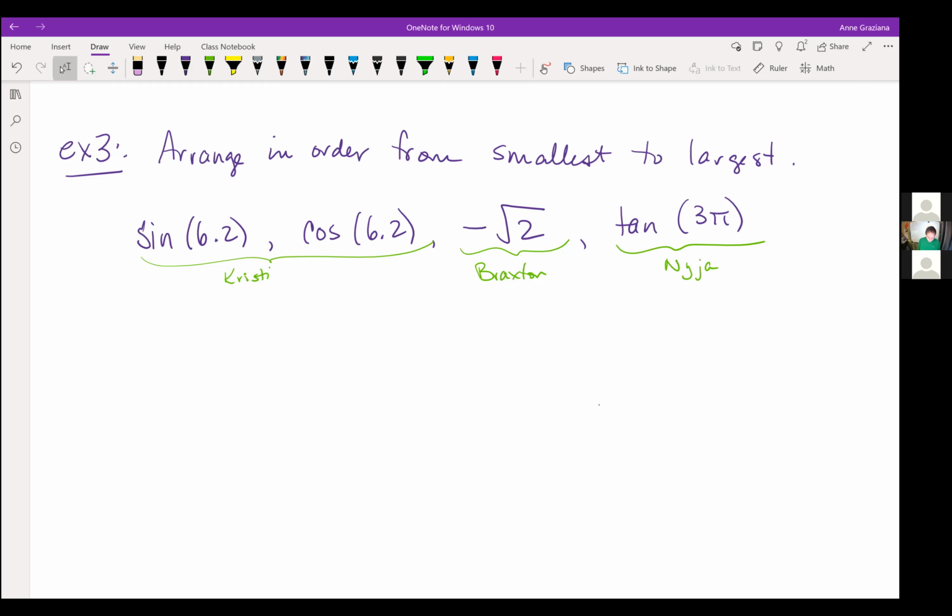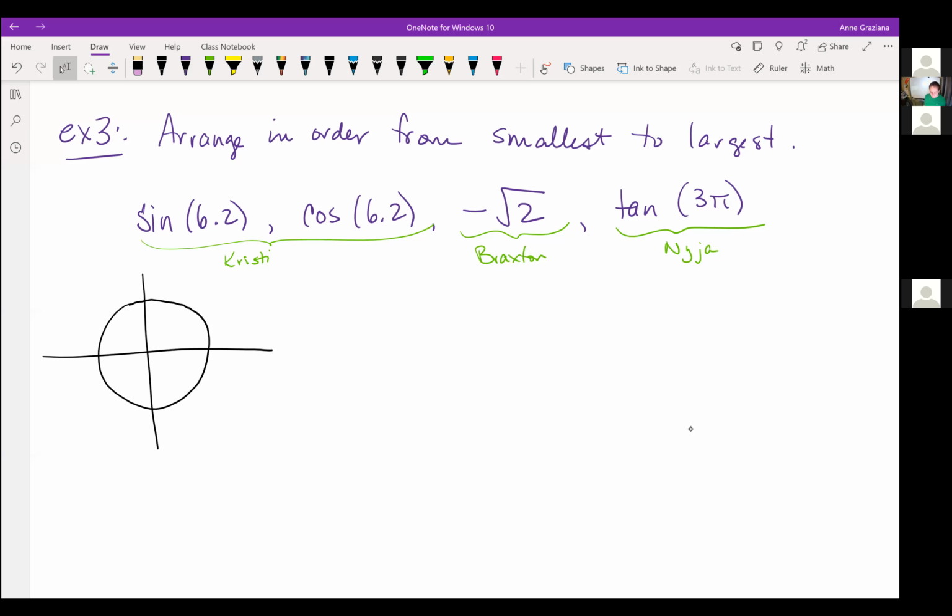Why? What did I do? That's weird. Surely I did not choose that. There we go. I drew that circle like 3 times and it just wouldn't show up. Okay, so sorry. Yeah, Mason.